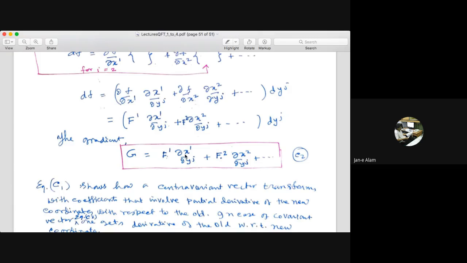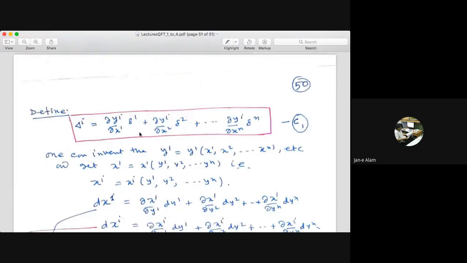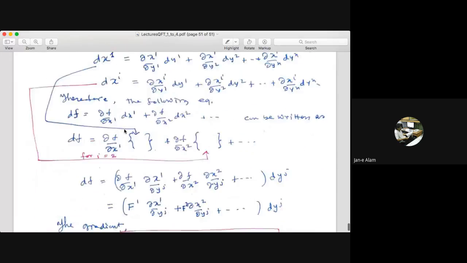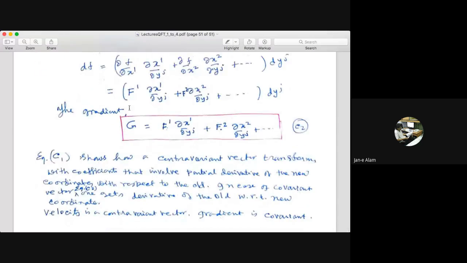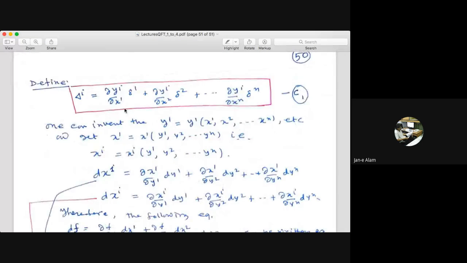Now you see here, in the contravariant case what appears is the derivative of the new with respect to the old, and in the gradient, where ∂f/∂x1 was the gradient, what comes is the derivative of the old with respect to the new. So they are covariant. This is the prototype transformation for covariant and contravariant.